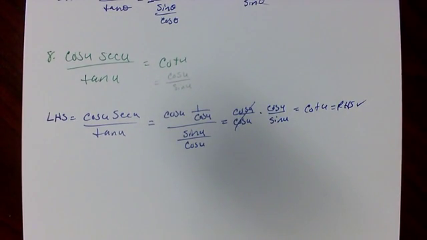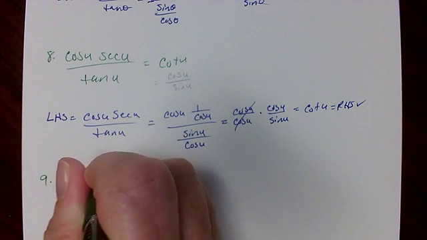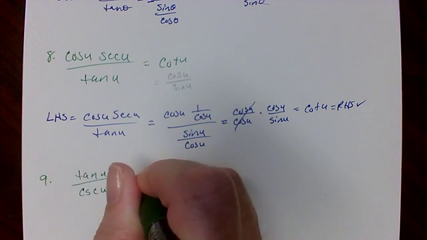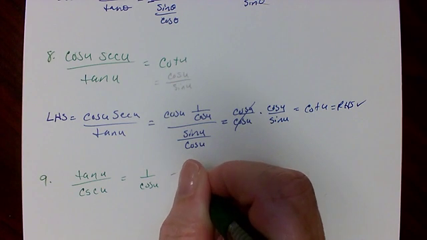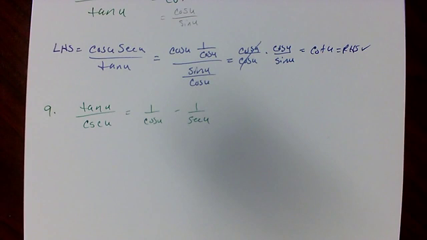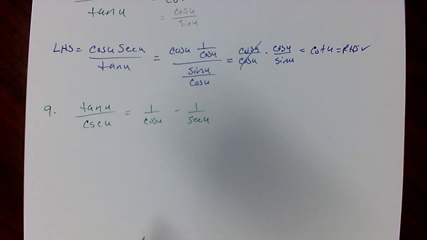The next problem we're going to look at is tangent u over cosecant u is equal to 1 over cosine u minus 1 over secant u. In this case, neither side looks really simple, but the left will become our more complicated side.